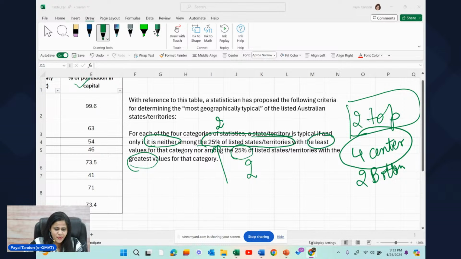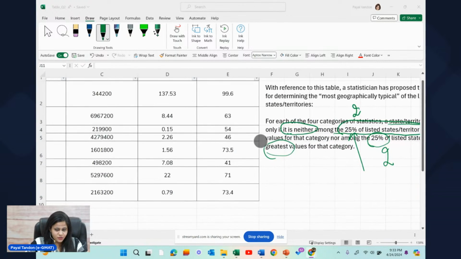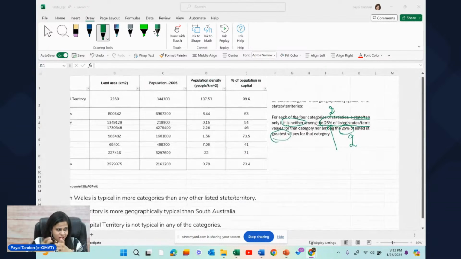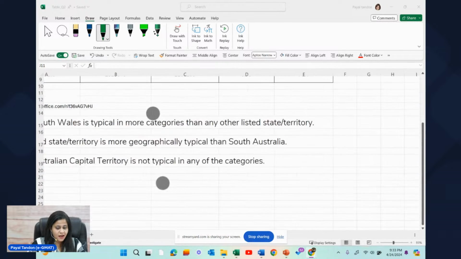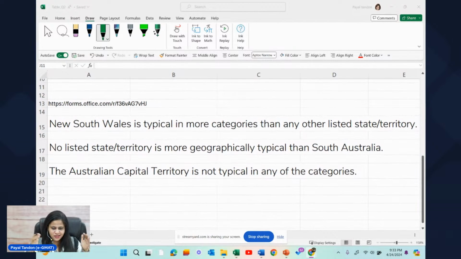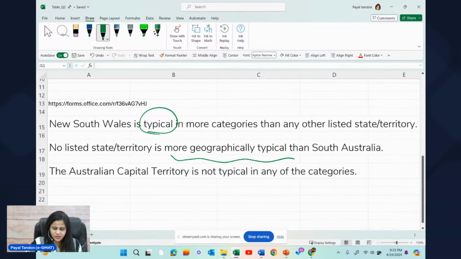Okay, now you can actually start to draw inferences from this. You can start to figure out how many states are geographically typical in each of these. But before you do that, take a quick look at the statements. New South Wales is typical in more categories than any other listed state. No listed state is more geographically typical. Australian is not typical.